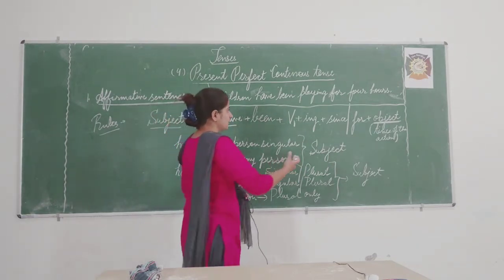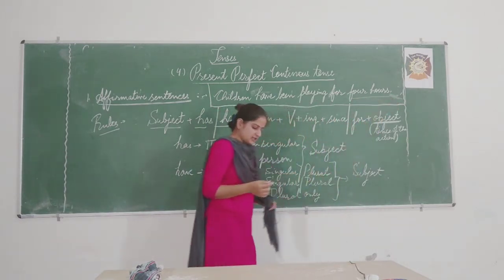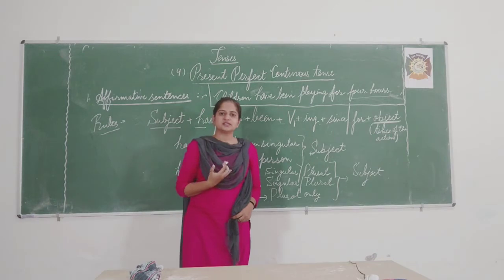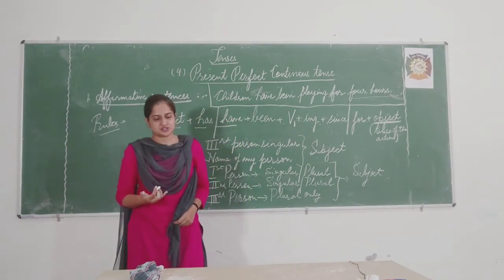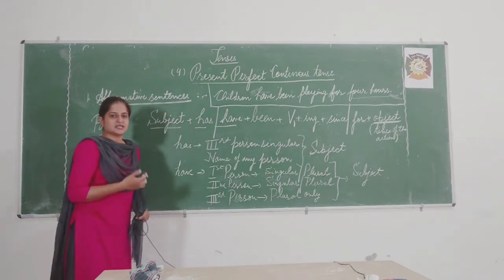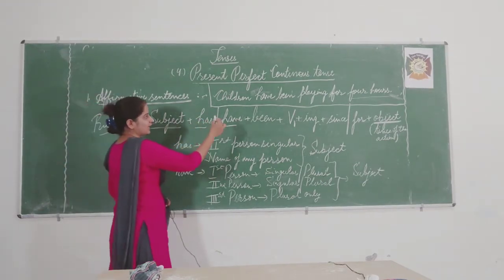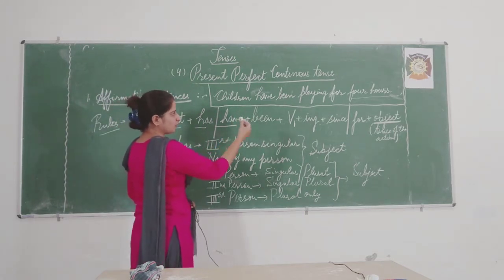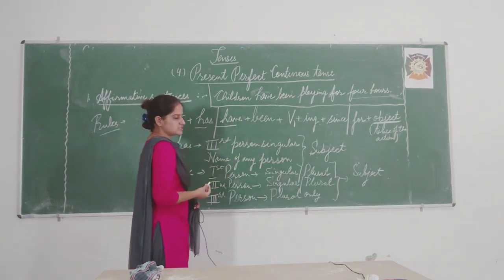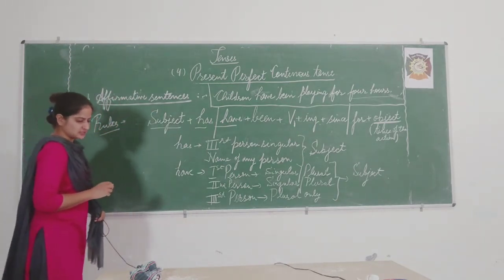So I have written 4 hours. This is the object, and it also includes the timing of the action. What is the action going on in this sentence? The action of playing by children. Children have been playing for 4 hours. So this is the example of an affirmative sentence.